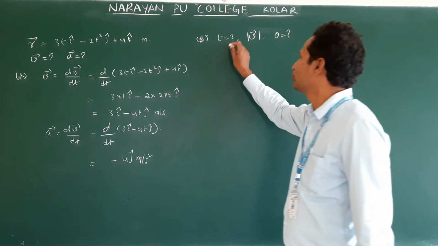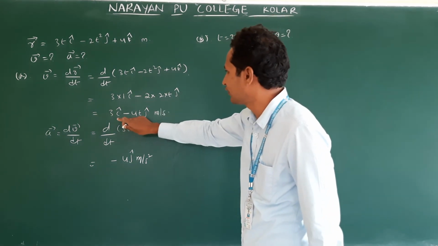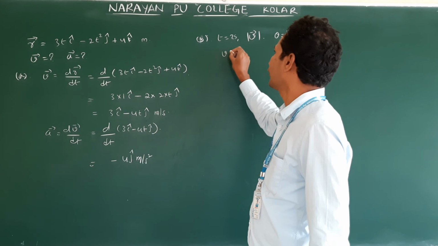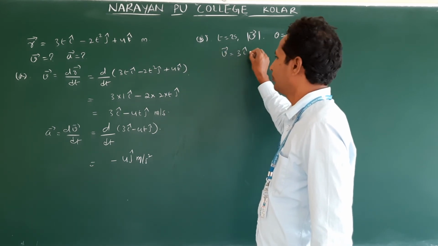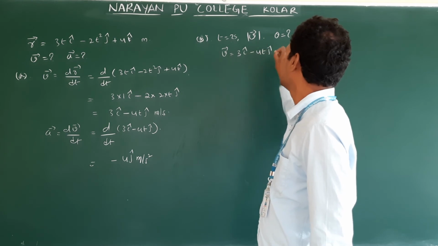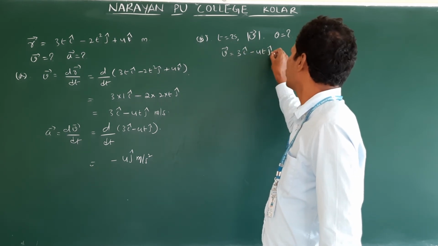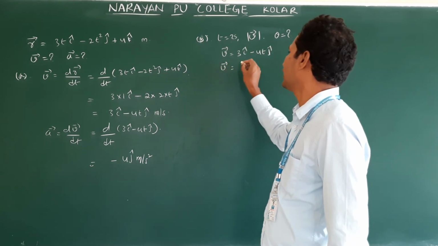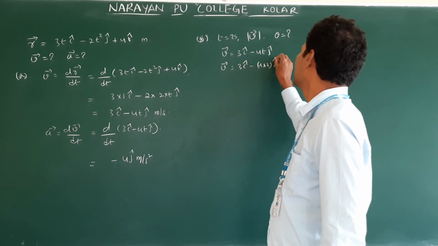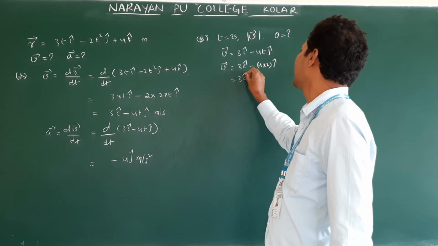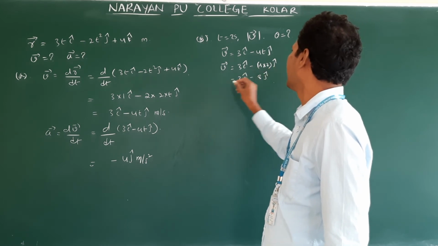Then substitute t equal to 2 seconds in the velocity vector, which is 3 i cap minus 4t j cap. Then the velocity vector is 3 i cap minus 4 into 2 j cap, which is 3 i cap minus 8 j cap.